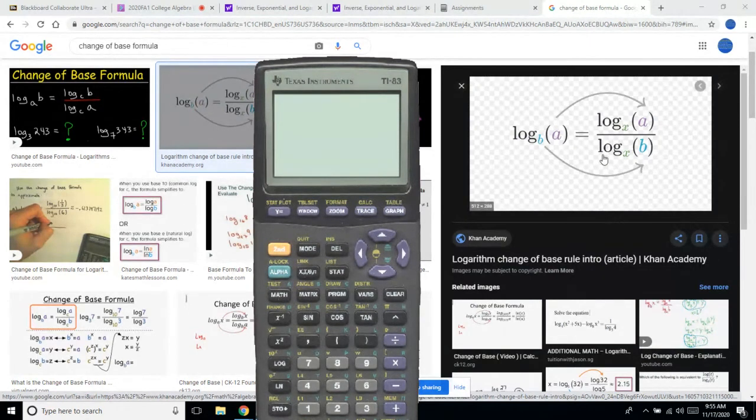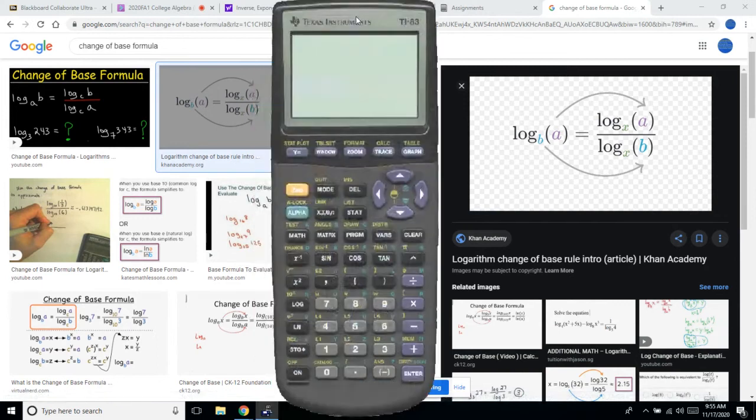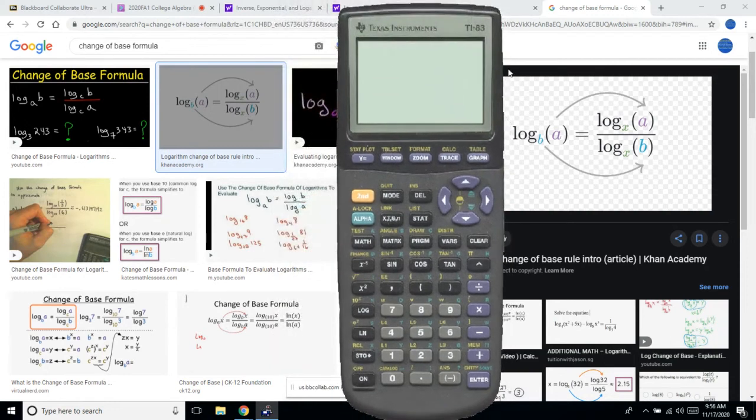And here's what sort of pulls this off. Just notice that for my bases, they must be the same base. So my bases can either be base 10s or they can be base e's, which will allow me to use the calculator. So keep this formula in mind.